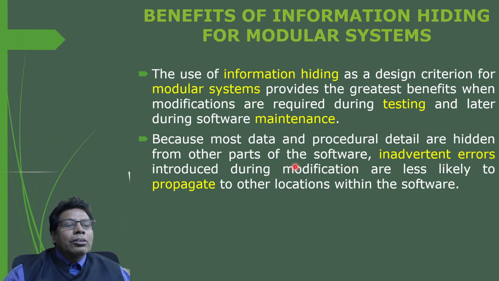So here, because we are using abstraction, the data and procedural abstraction will hide most of the details. So errors introduced during modifications are less likely to propagate to other locations. So they will not be propagated to other locations in the software.